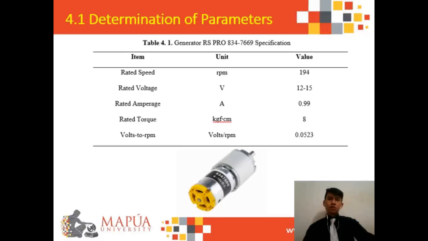So this is the chosen generator, a brushless DC generator with a planetary gearbox.